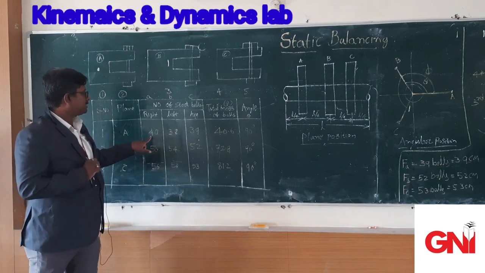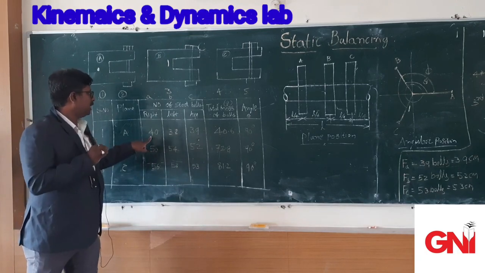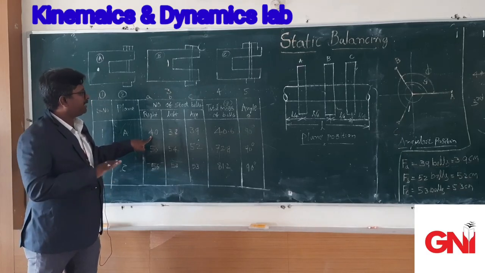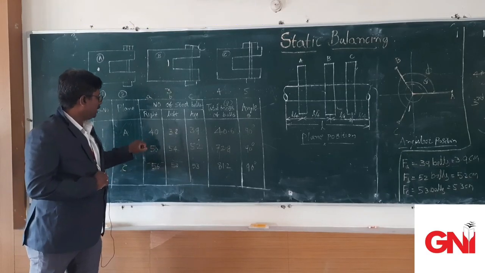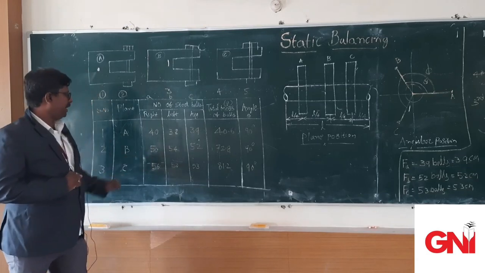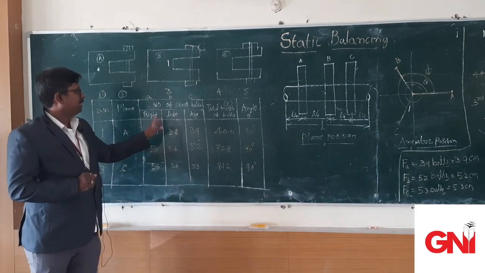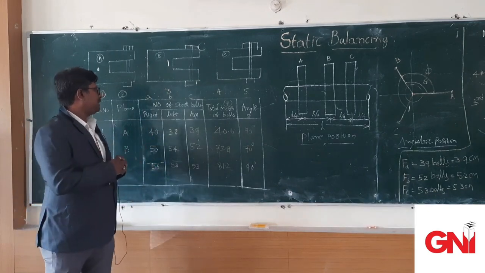So accordingly, if I keep the balls in the right side chamber, 40 balls lift mass A from 0 to 90 degrees. Similarly, for B it is 50 and for C it is 56 balls. Similarly, we do the left side chamber. Why do we need to do both right side and left side?